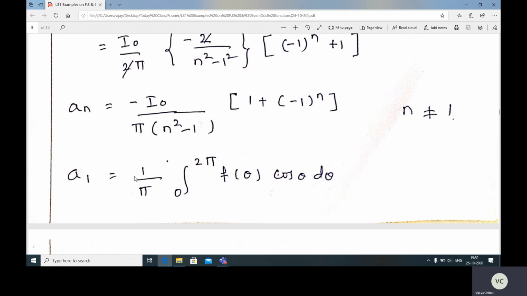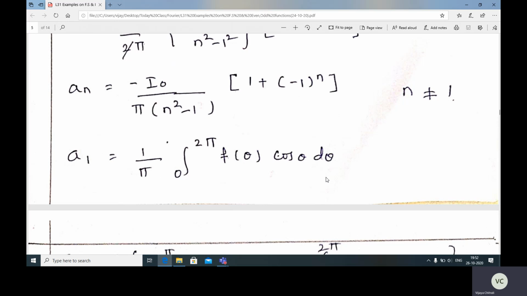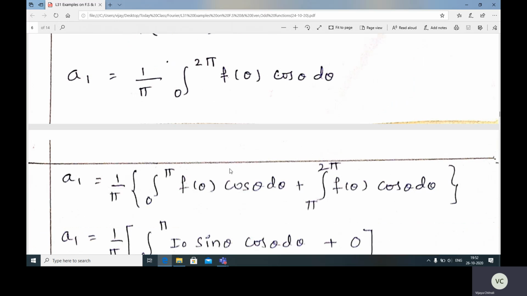So a_1 is equal to 1 by pi integration from 0 to pi f of theta cos n theta. N is 1, so cos 1 theta is cos theta d theta. Now simplify. Again this is 0 to 2 pi, so it is divided into two sub-intervals, 0 to pi and pi to 2 pi. In pi to 2 pi, our f of theta will be 0, and 0 into something is 0.